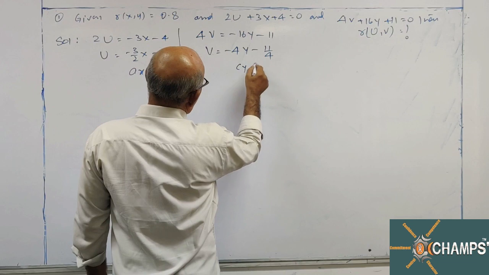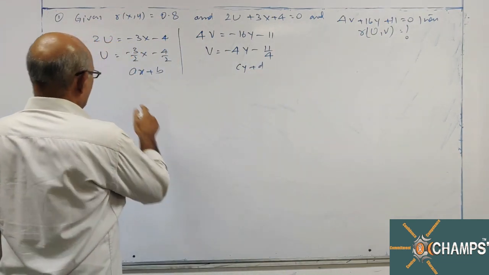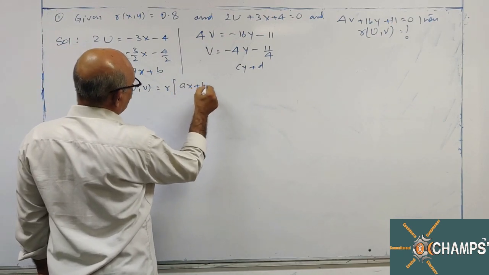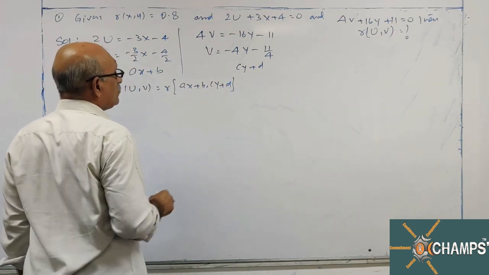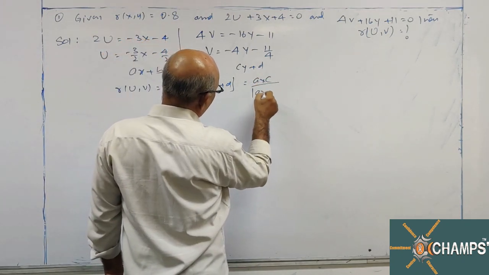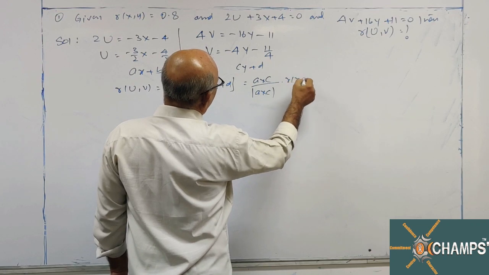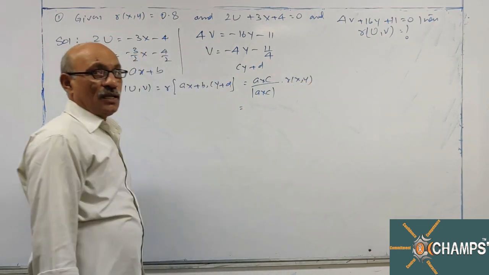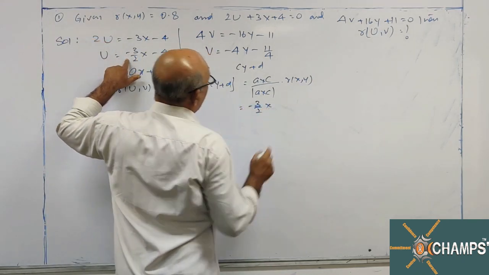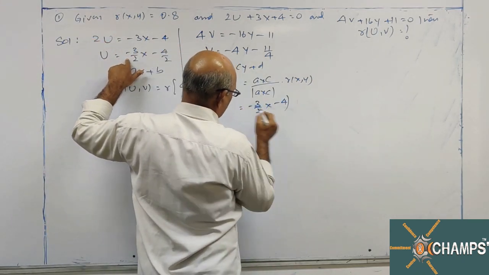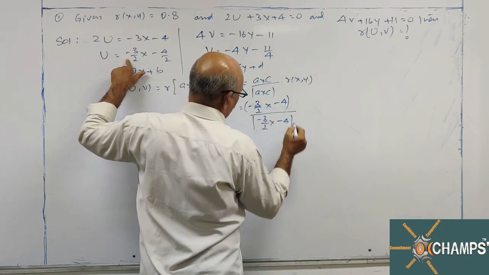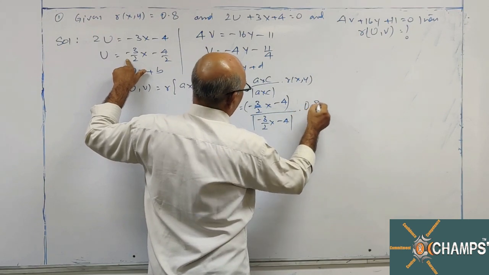This is cy plus d. r of u comma v is equal to r of ax plus b comma cy plus d, which is a into c by modulus of a into c, r of x comma y. a is equal to minus 3 by 2, c is equal to minus 4, divided by modulus of minus 3 by 2 into minus 4, multiplied with 0.8.